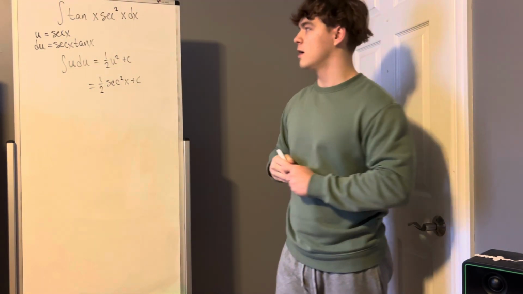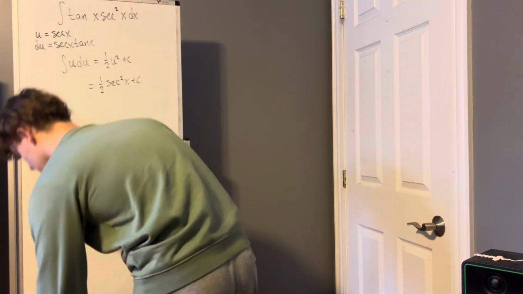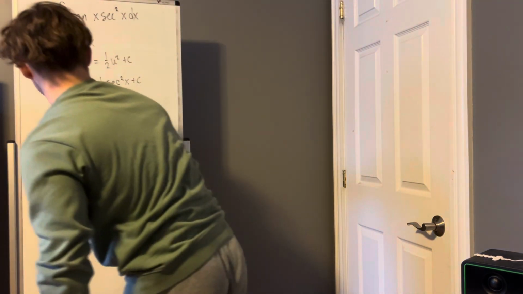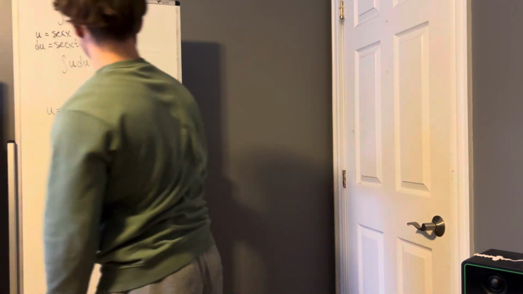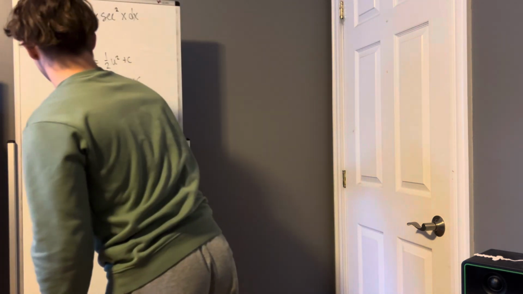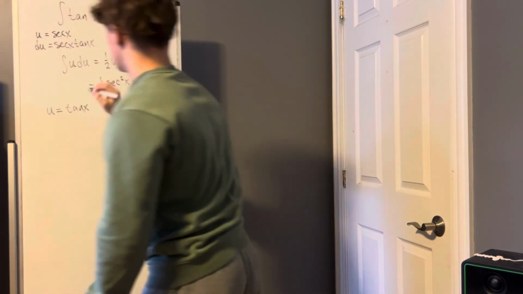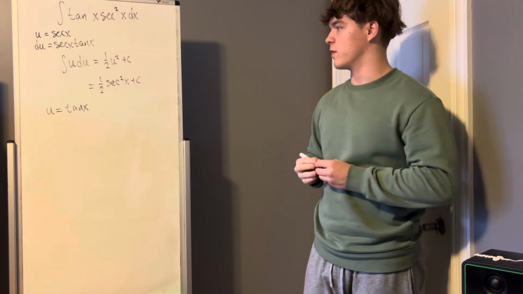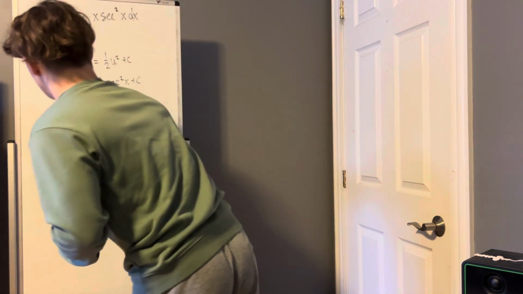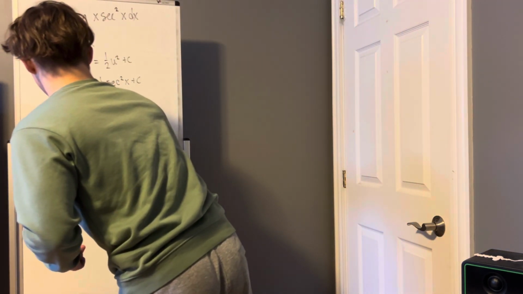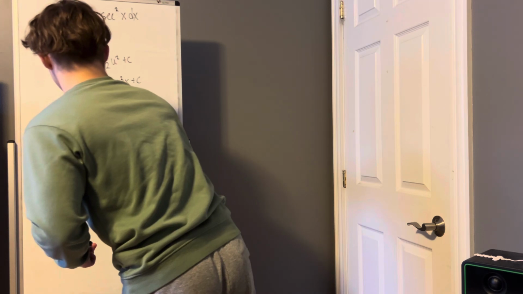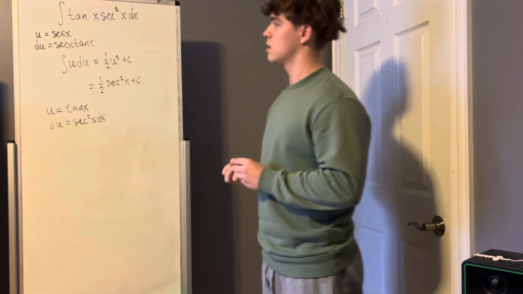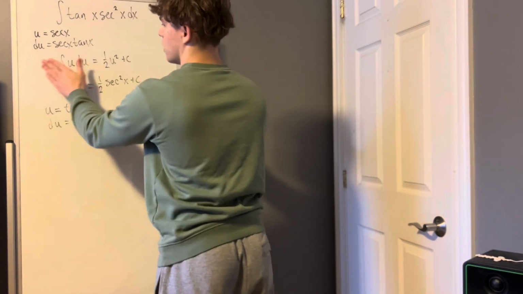Let's do it again. Let's use u equals tan x. And we can use this too because we have a secant squared of x. Du equals secant squared of x dx. So let's just go up here and rewrite it.